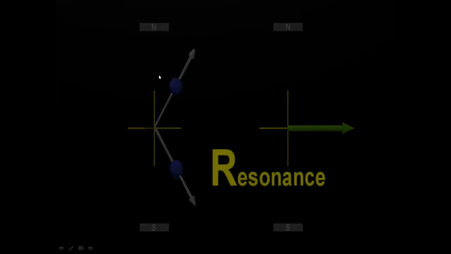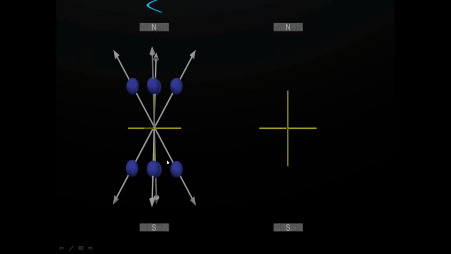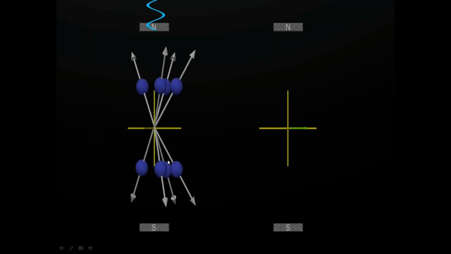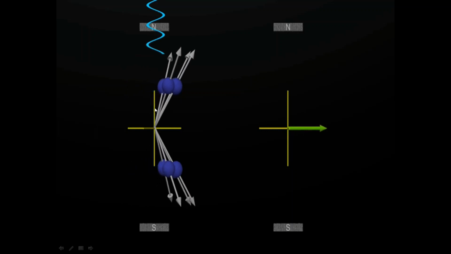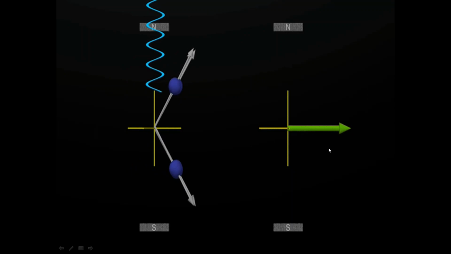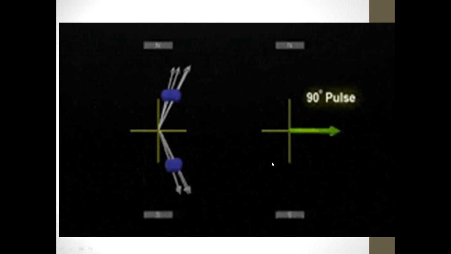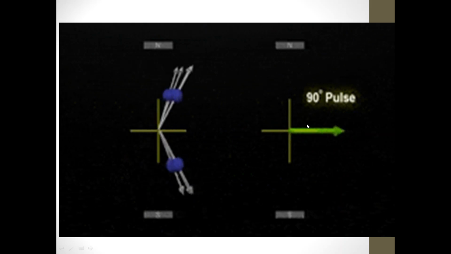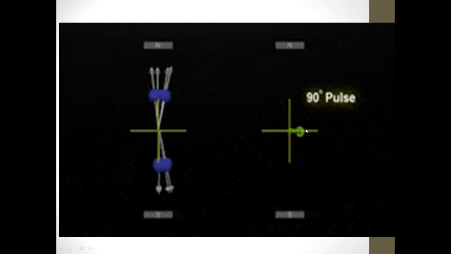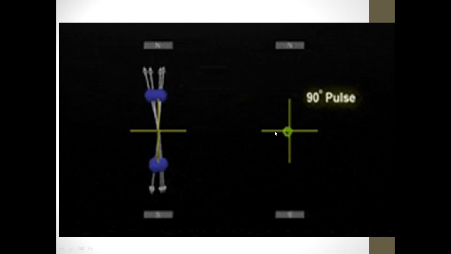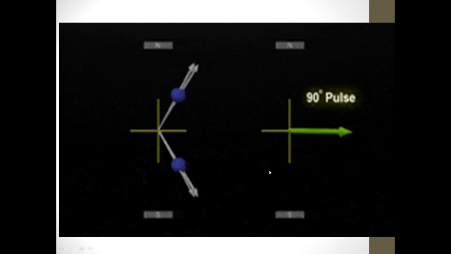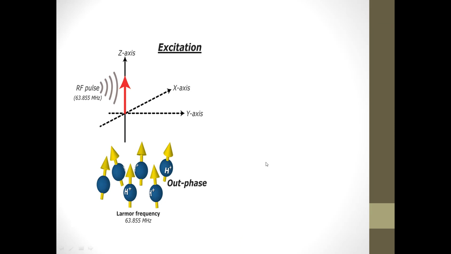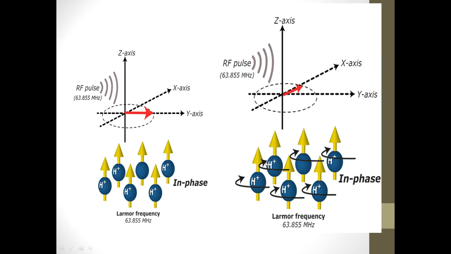After we switch off, this is the excitation process. Now the 90-degree pulse here, the Mxy moving in xy. All this I told you before, but I'm just reminding you now.